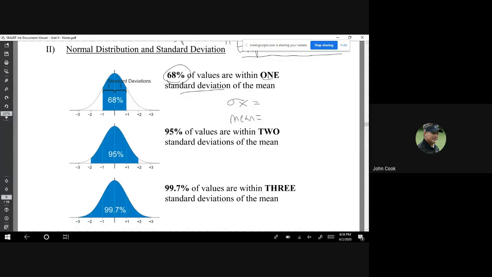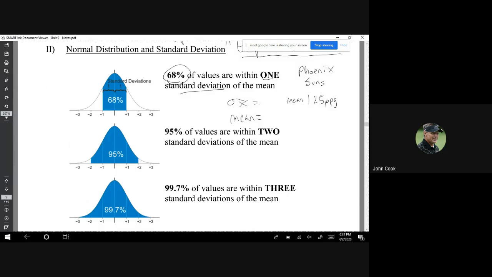So let's say that like the Phoenix Suns. We have the Phoenix Suns. And let's say that the average score that they have in their games throughout an entire season, like maybe one of the Steve Nash era seasons, was maybe like 125 points per game. All right, so that's the average, or the mean.